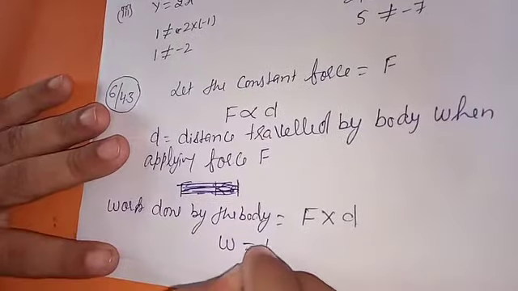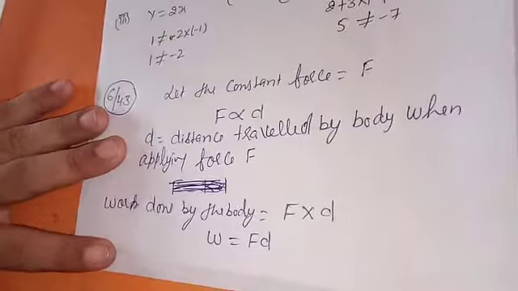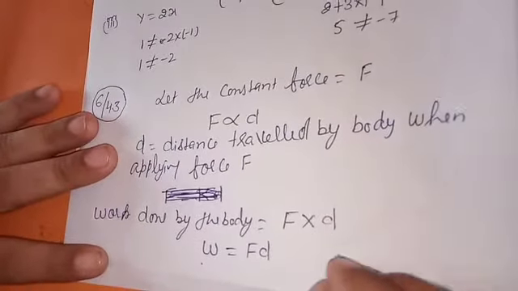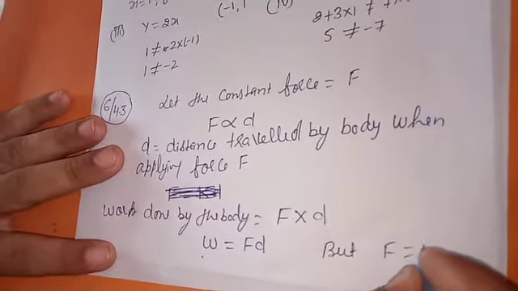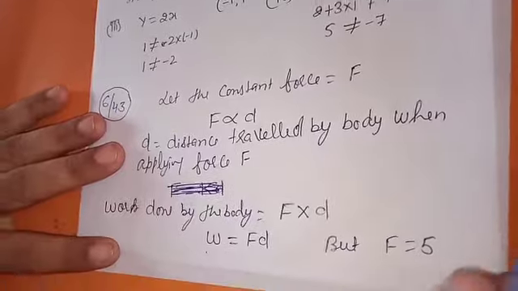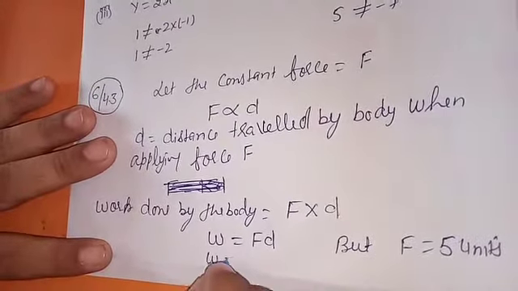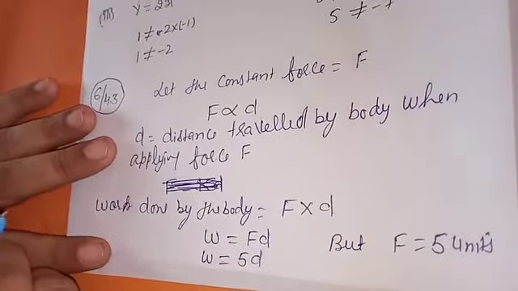W equal to FD. Understood? But F is constant. How much is given? 5 units given. So W equal to 5D. Understood?